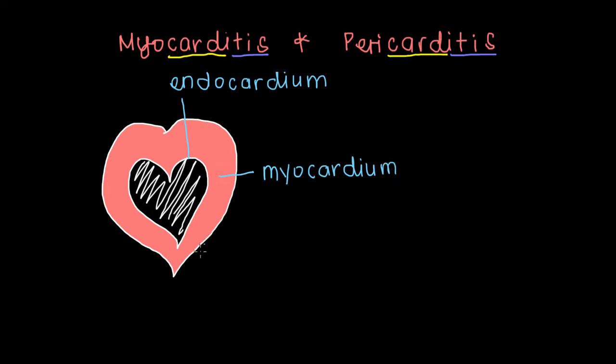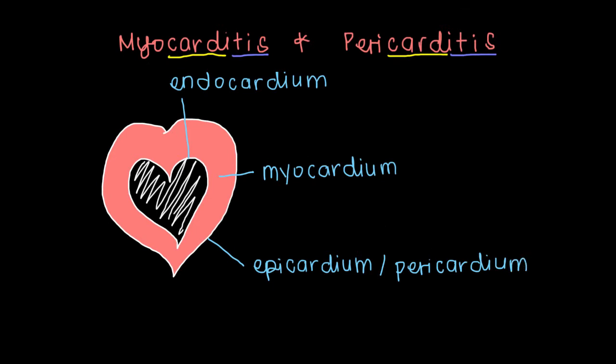And then this outermost layer that's all the way around here, it's sometimes called the epicardium, but no one really calls it that. The term most people refer to it as is the pericardium. And in fact, that does refer back to what we were initially setting out to discuss.